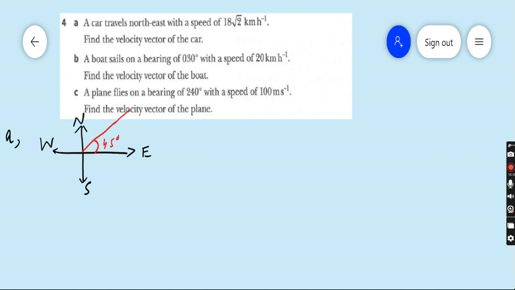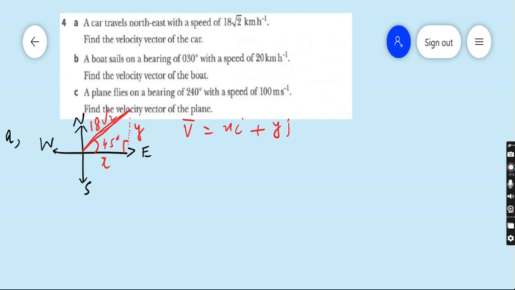Now we have to find the velocity vector. The formula of the velocity vector is xi plus yj, so we have to find x and y. How to find them? Draw the perpendicular. This is 90 degrees, this horizontal line is x, this is y, and this line is the resultant vector, the hypotenuse, which is given as 18 root 2.